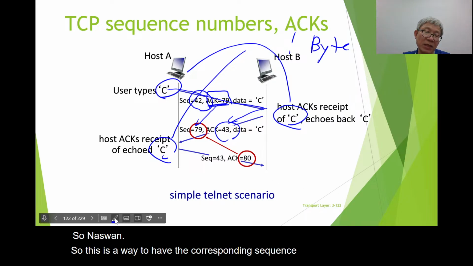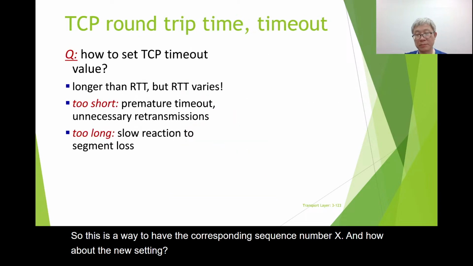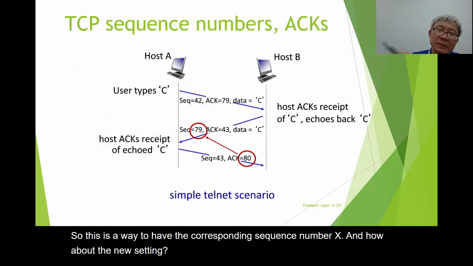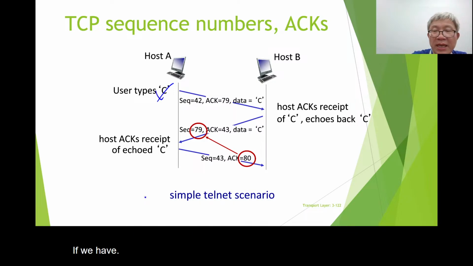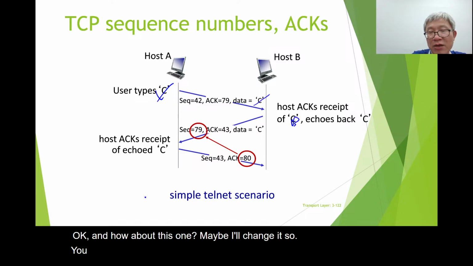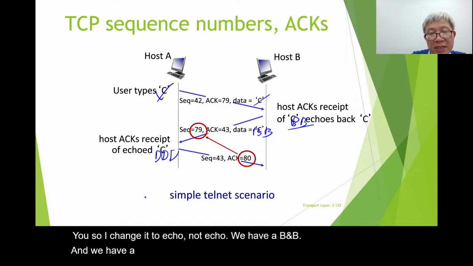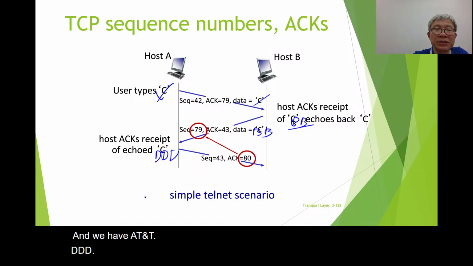And how about a new setting? If we have C, okay, and how about this one? Maybe I change it so it's C. So I change it to echo, not echo. We have B and B, and we have D and D, D, D, D. So 1 byte, 2 bytes, 3 bytes.